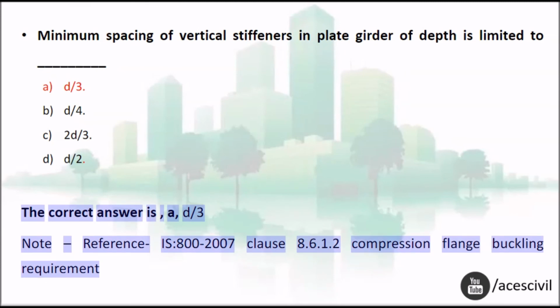The correct answer is A. D/3. Note reference is IS 800-2007 Clause 8.6.1.2, Compression flange buckling requirement.